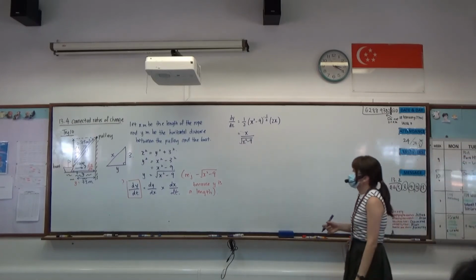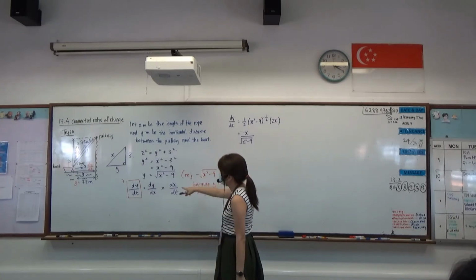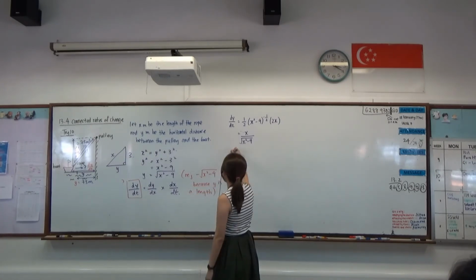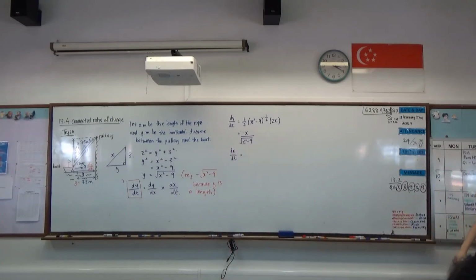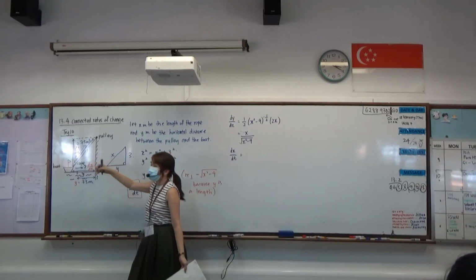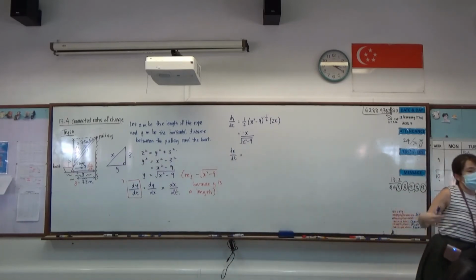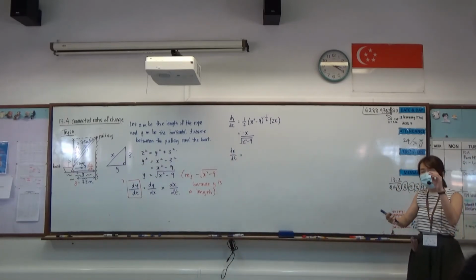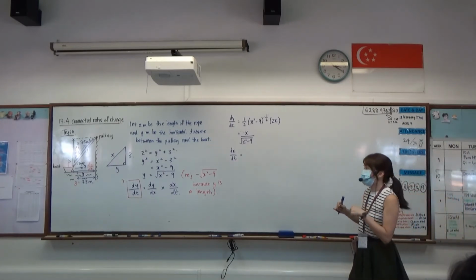Okay, with this, then we have our dx over dt, which is given to be 0.75. Since our rope is being retracted, being reduced in length, we recognize that we take decreasing as negative and increasing as positive.